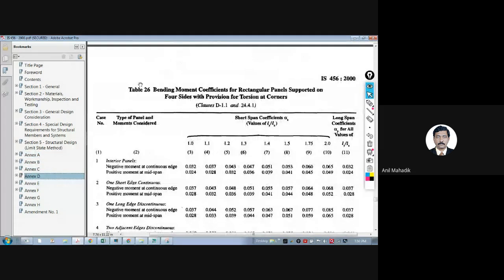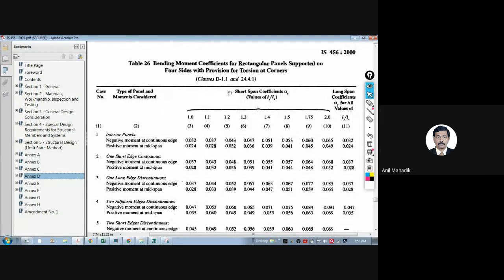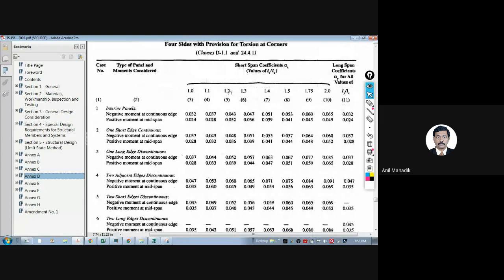So in Table 26, you get the bending moment coefficients for rectangular panels. That is two-way slab, we can say. Okay. Here you are getting this.